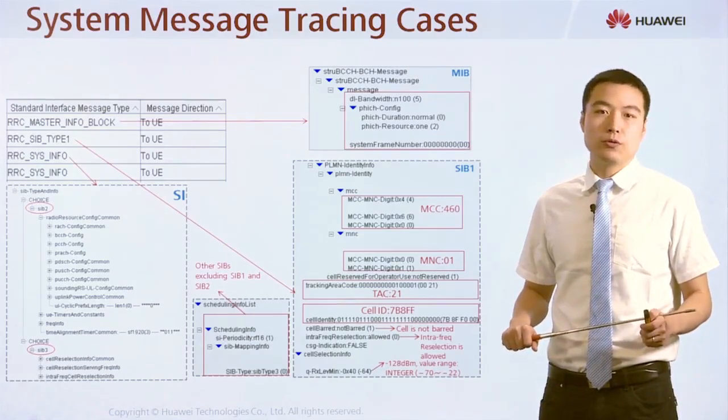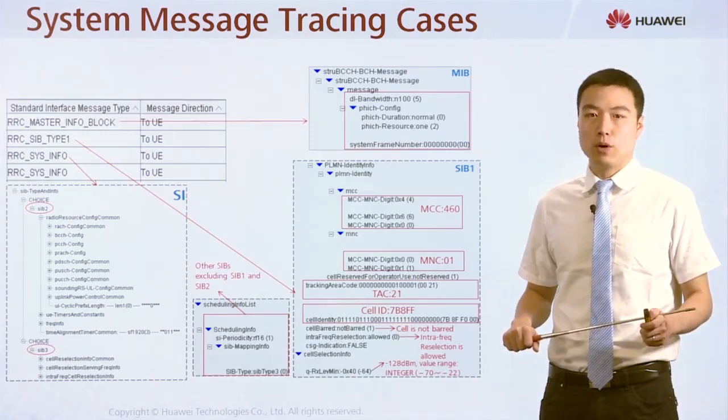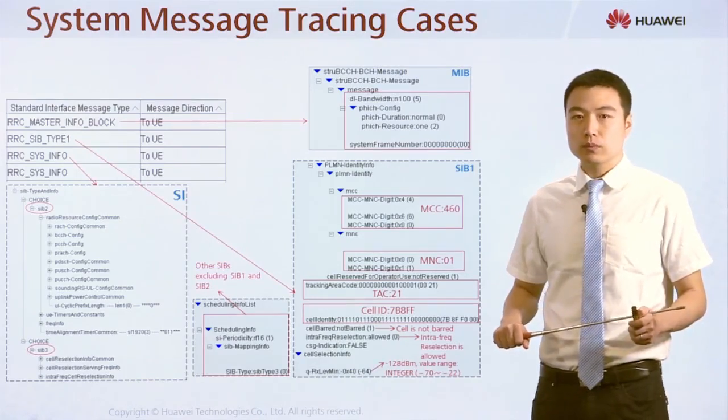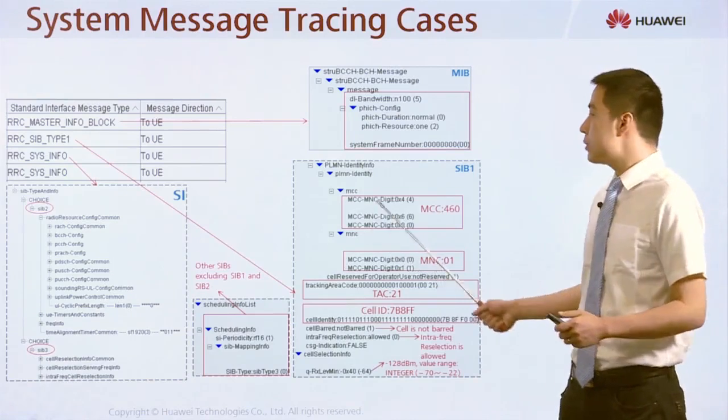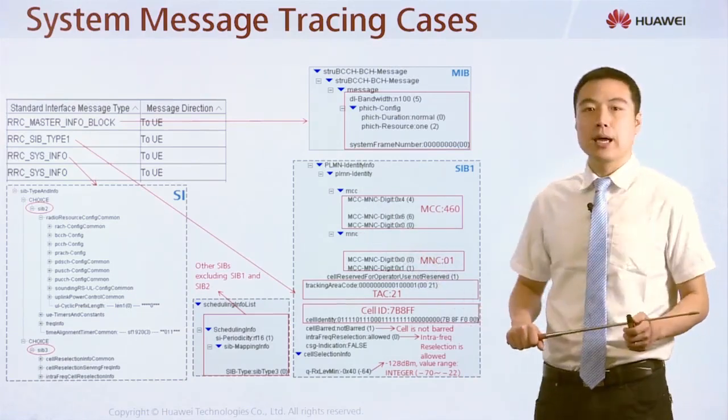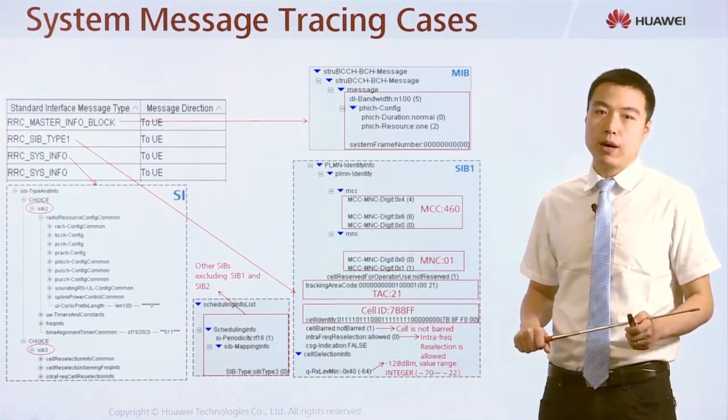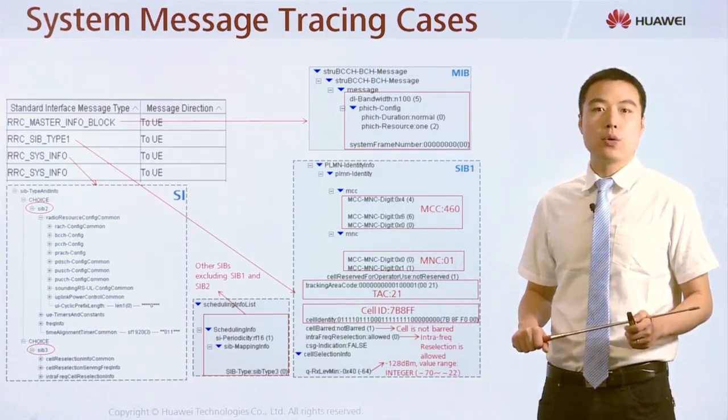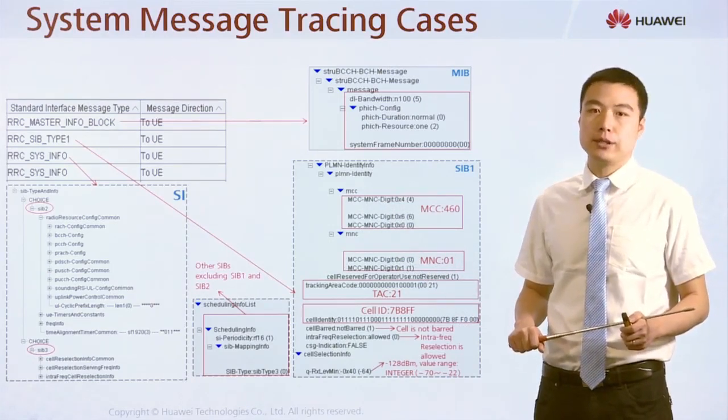PLMN is used for the identification of operators. We use the PLMN to identify an operator uniquely all over the world. So MCC and MNC are actually the parts of the PLMN. One PLMN equals MCC plus MNC.